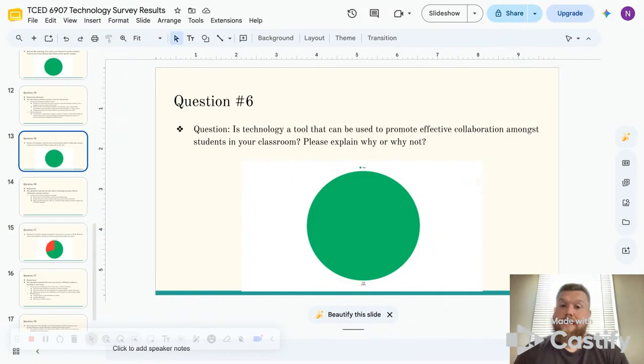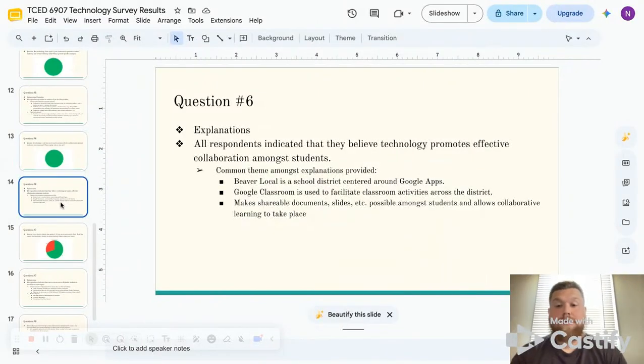Once again, just like the previous question, all respondents indicated that yes, technology can be used to increase collaboration amongst students. A common theme for the explanations provided is that Beaver Local is a school district centered around Google Apps. All students are provided with a Gmail account. They are all given a Google account, and they have access to the variety of apps that Google provides, whether that's Google Docs, Google Slides, Google Forms, and so forth.